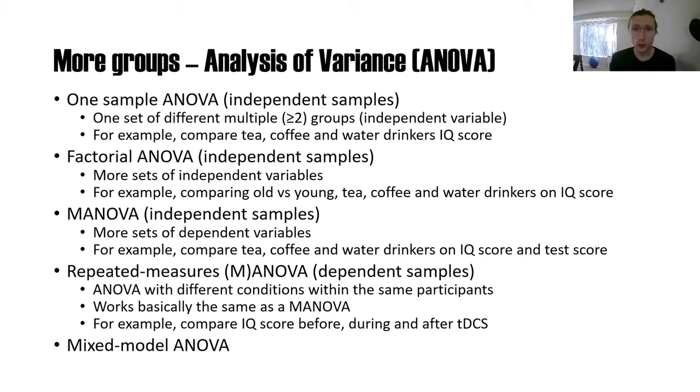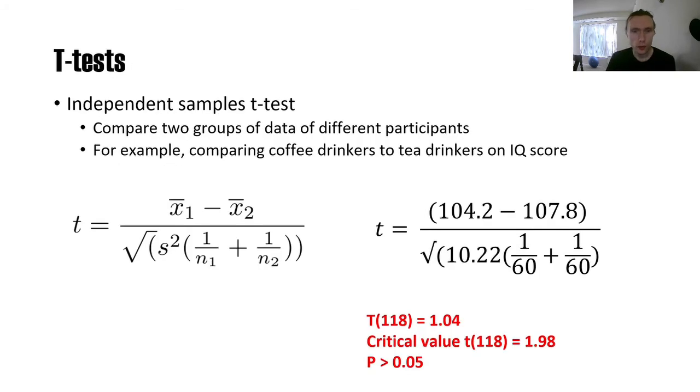For example, coffee drinkers, tea drinkers, and water drinkers, and if we want to compare those on an IQ score. Now, in that case, we need to do something different, because if you look at this formula, we can subtract x1 minus x2. But we couldn't subtract 3 values from each other, because that wouldn't make sense, right?